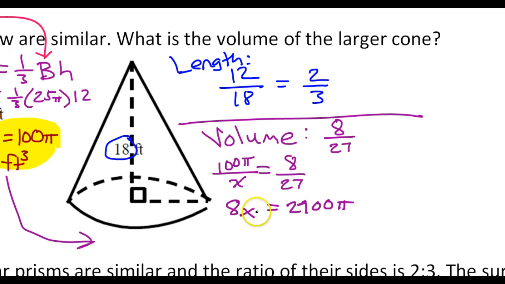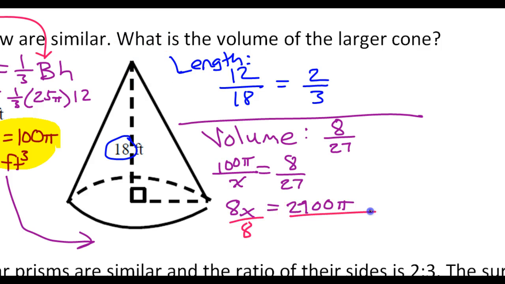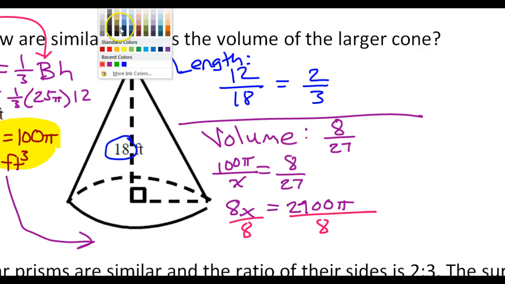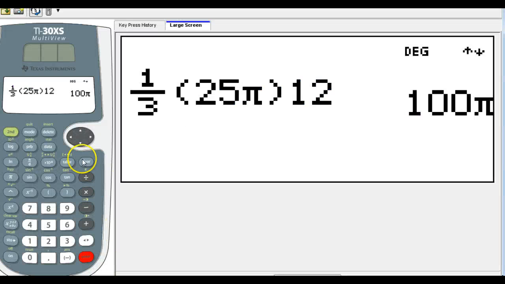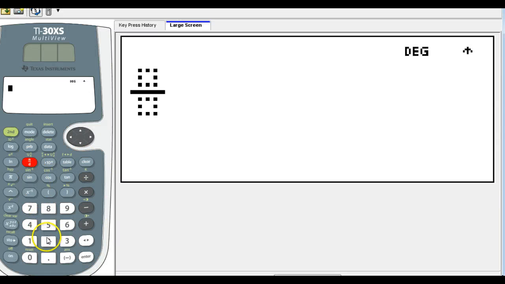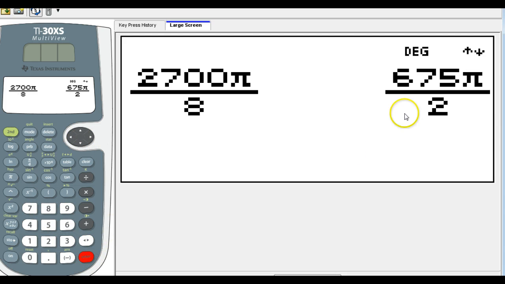Then we just have to divide by 8. 2,700 pi divided by 8. This would be an exact expression for the volume, 675 pi over 2.